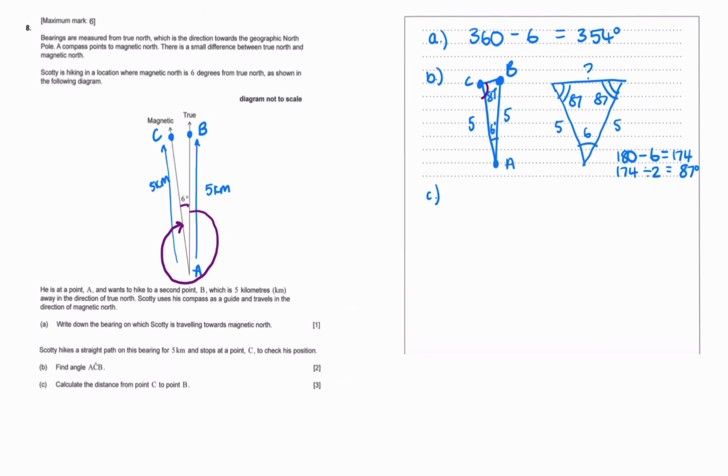I'm going to use sine rule just because it's a little bit easier to type in. So I have 5, which is the side length, over sine 87. And then I have this pair here as well, sine 6 and the question mark that I'm trying to find. So something over sine 6. And these two things are equal.